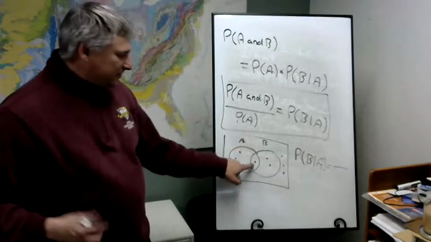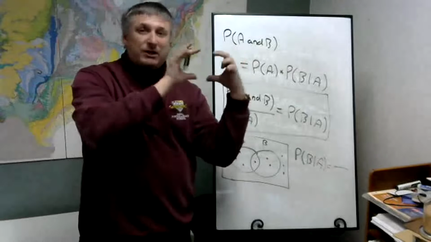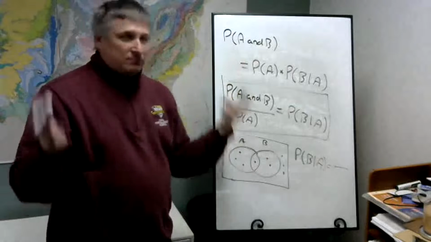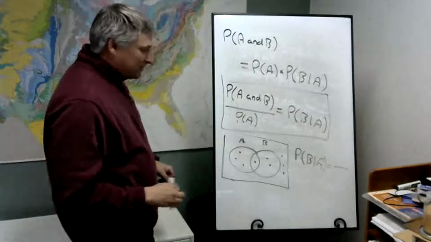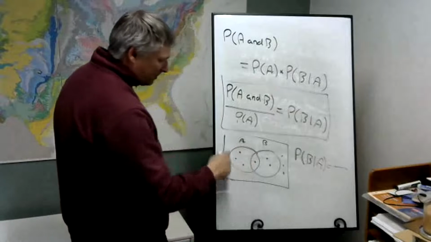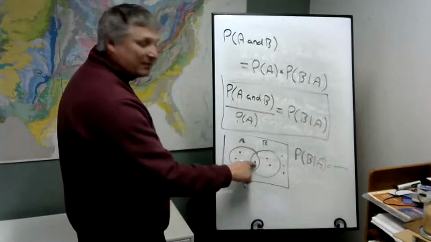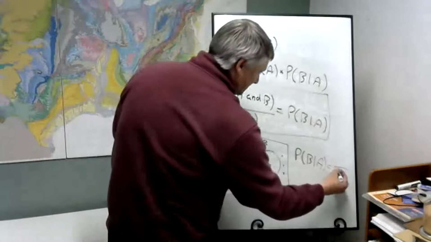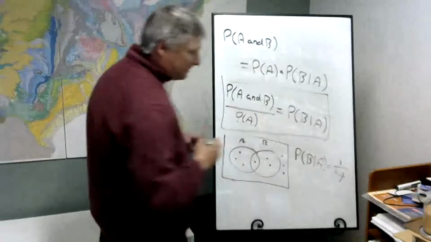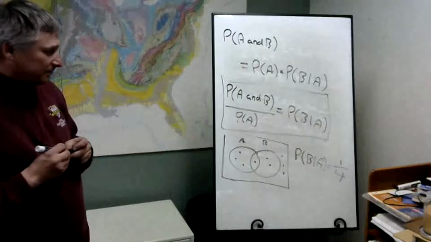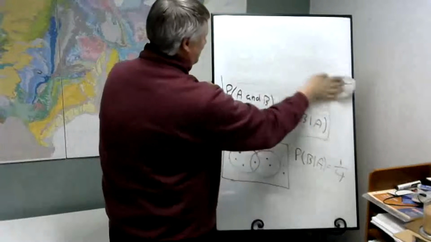And it turns out one of these is still part of B. So a little bit of B sort of survives the sample space shrinking down to just A. So the probability of B, given that we're only considering outcomes that are in A, well, there's one that's also still in B. So there's 4 that are in A, and one of them also happens to be in B. So it's 1/4.